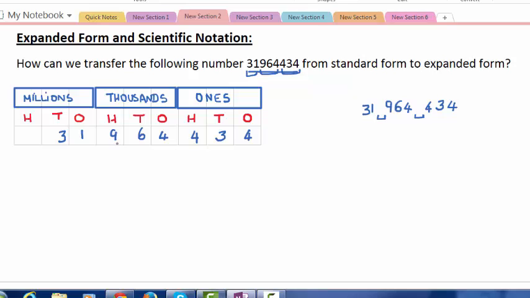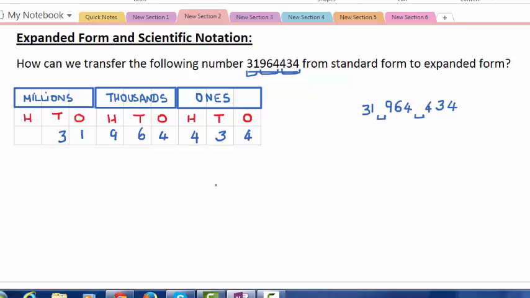Then the second group is 964. If I have this only under the 100s, 10s and 1s, I read it 964 thousands. Then after that 434. So the whole number I read this way: 31,964,434.